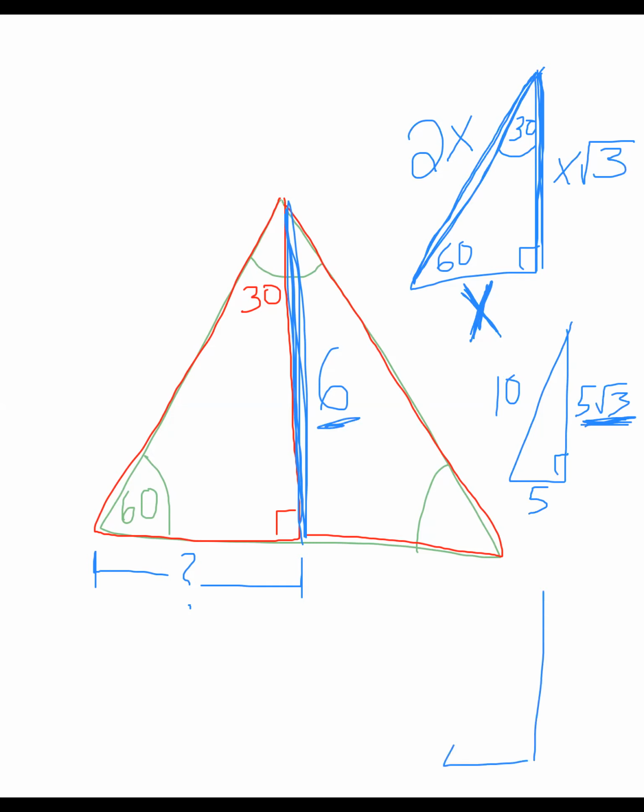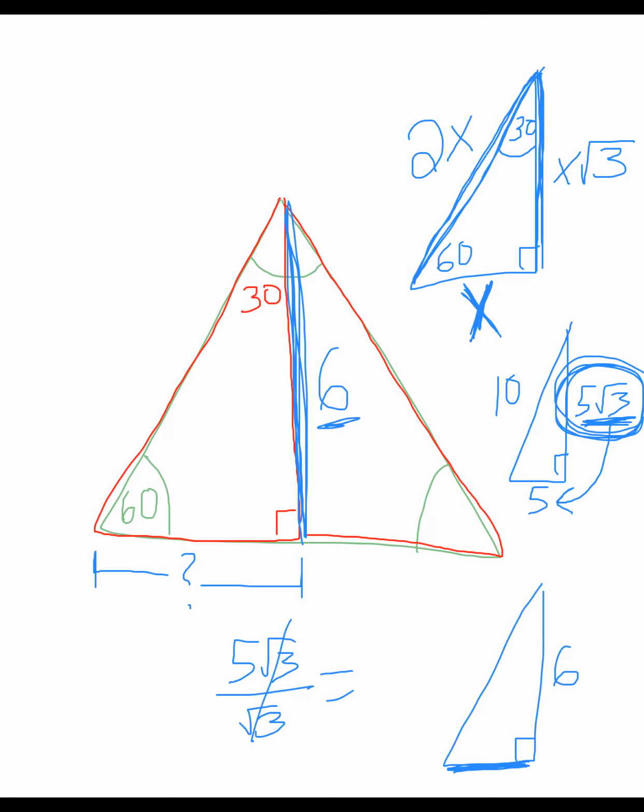So what you're basically doing is saying, okay, if this is 6, what does that mean the short side would have to be? To get from this back to that, you divide by √3. So if I did 5√3 and divided it by √3, I would get just 5.